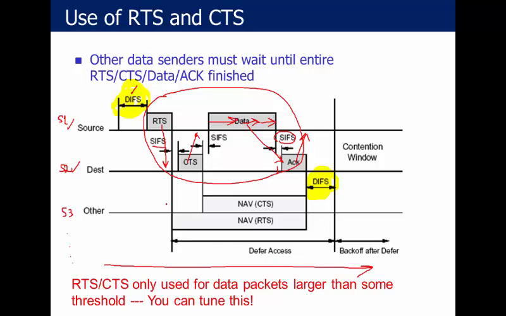While the source and destination are communicating, all others defer access. So this station needs to have some NAV, network allocation vector. So this station knows the CTS, RTS. How? It still receives, right? This is not really point to point.